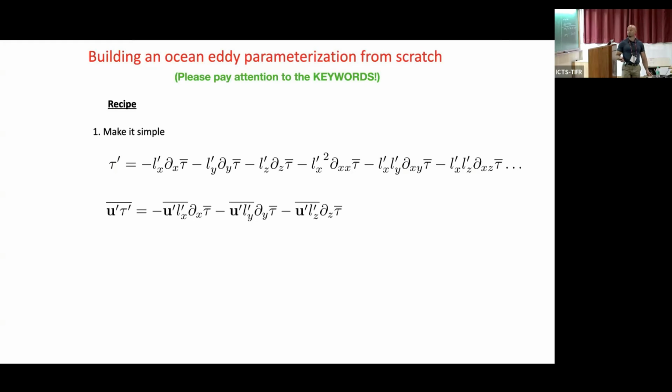So you have your eddy flux term, u prime tau prime, is now basically proportional to your u prime L primes multiplied by the background gradient. And that gives you a tensor that we'll call K. So this is what we call a flux gradient relationship, where the proportionality is governed by tensor K. And it is, well, nominally down gradient, meaning that it has the negative sign up front.